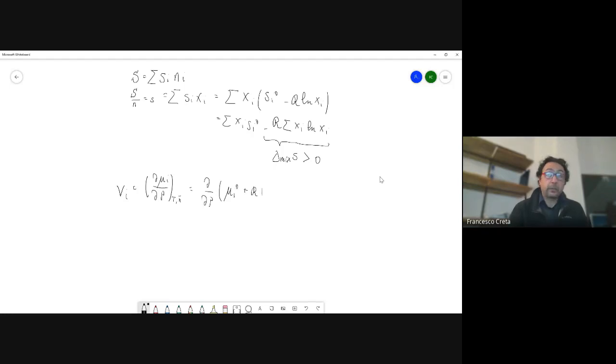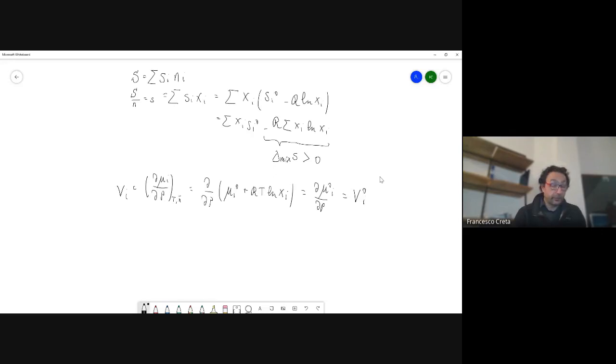Plus RT logarithm of xi. And as you can see, because this doesn't depend on pressure, it depends only on this. This is essentially only d mu 0 i dp. So what this is essentially is the partial molar volume of species i in the mixture is equal to the partial molar volume in the pure substance.